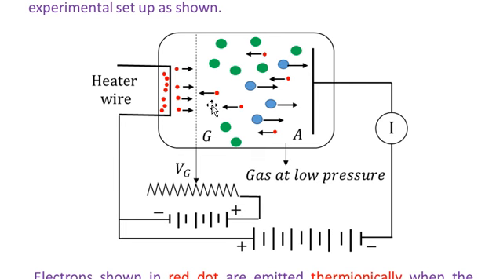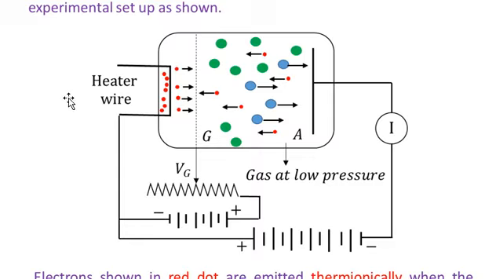The components of the gas chamber are that there is a heater wire which is heating the cathode. The cathode is not shown, and that cathode is connected to the negative terminal of the supply. So the cathode is at negative potential, and the heater wire is connected with a separate battery which is not shown.